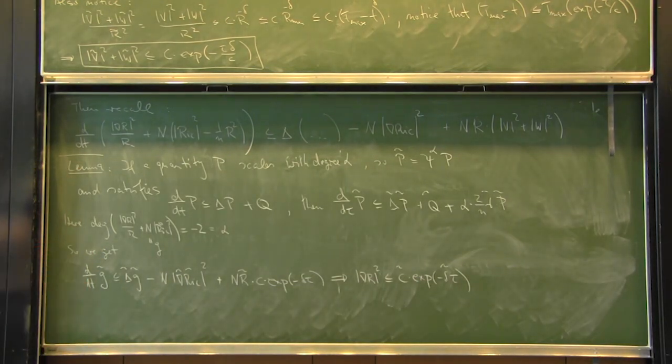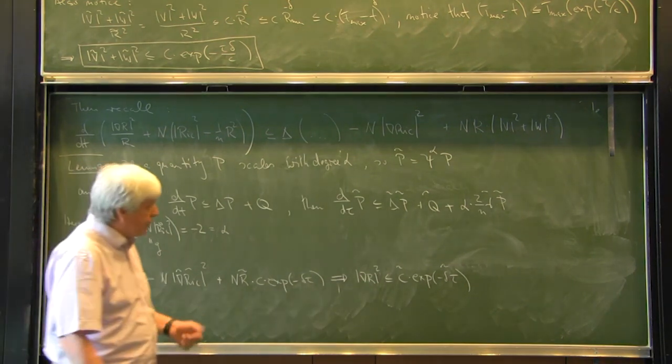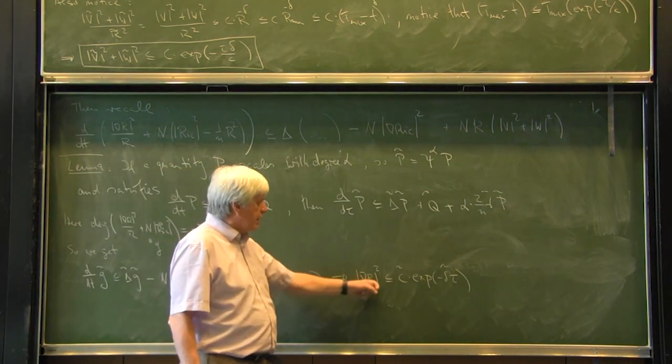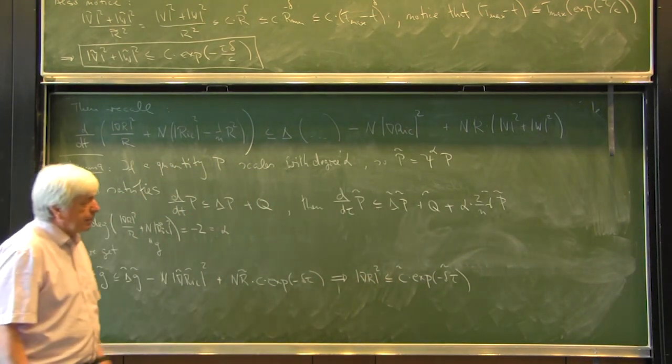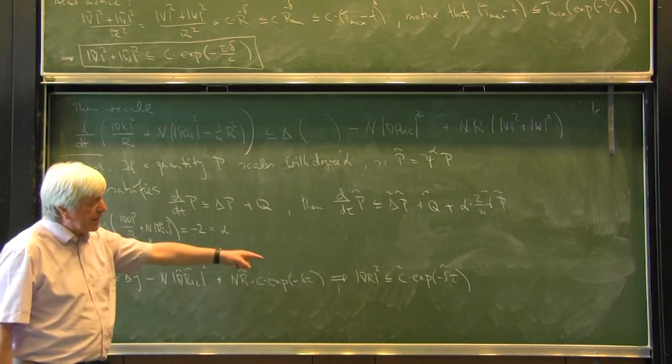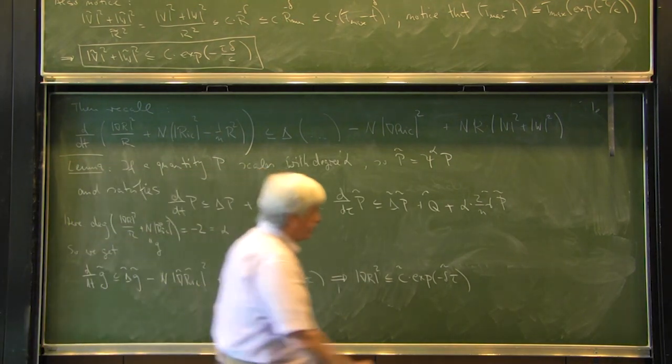Great. Now, since the diameter is bounded, this means that the difference between R max and R min must decay exponentially.